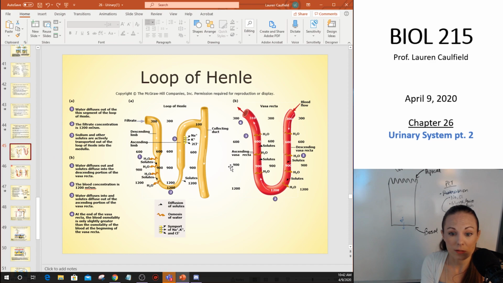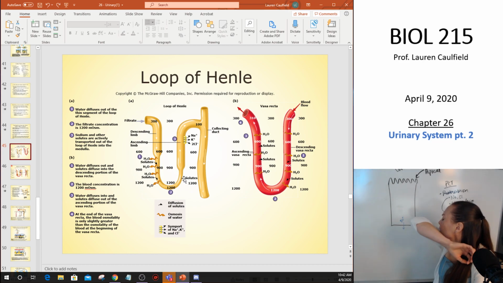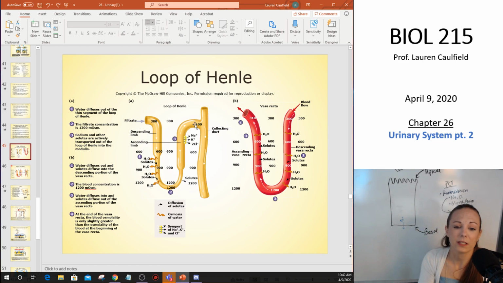So this is another image on 45 showing you that movement of fluids through the loop of Henle in the filtrate, as well as what we're moving out, at each area of the loop of Henle.